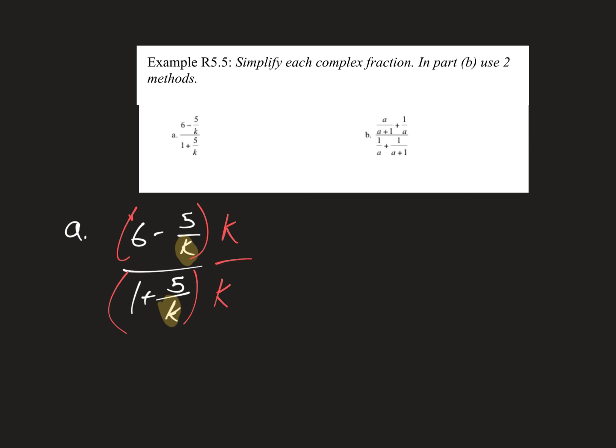Now, since I'm multiplying by k over k, I'm not changing the value of this expression at all, right? So when we distribute this, you should get 6 times k, so 6k, and then 5 over k times k is just going to end up being minus 5. And on the bottom, similarly, 1 times k gives us k plus 5k.